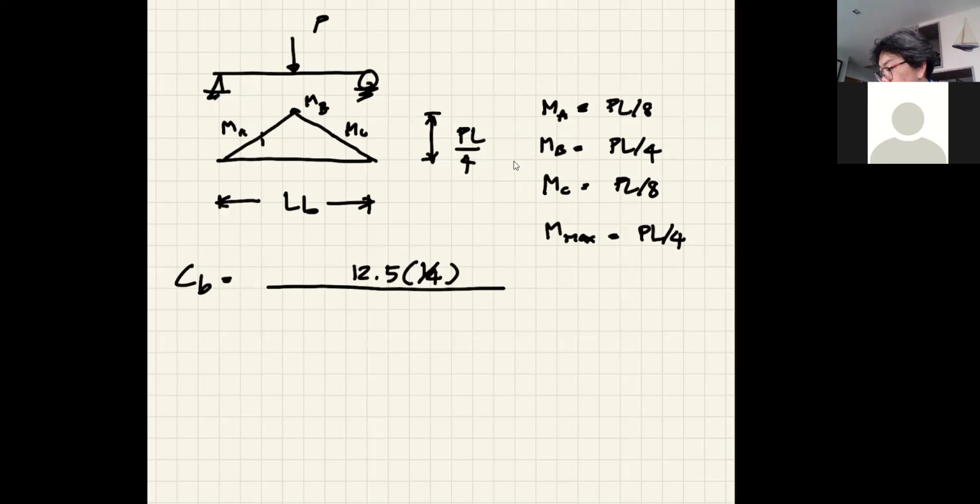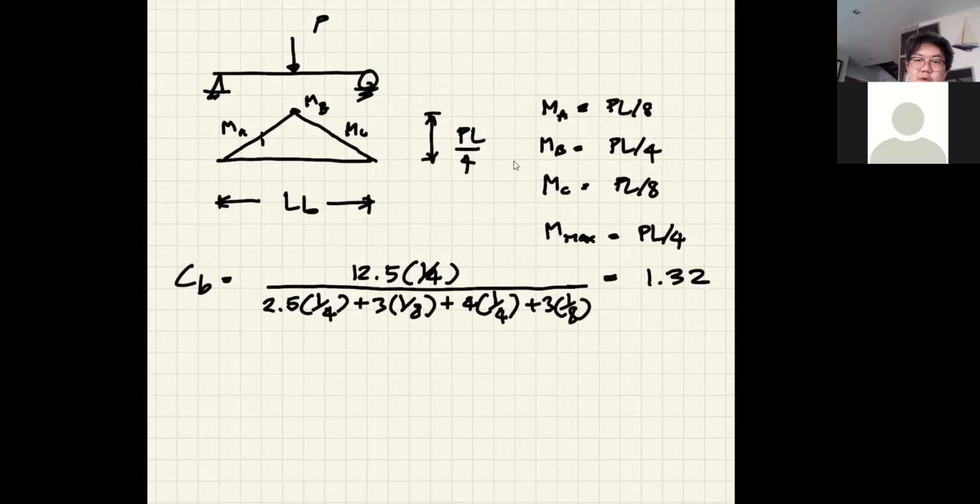And then divided by 2.5 M max, which is again PL over 4, so I use 1 over 4, plus 3 MA, MA is PL over 8, so it's 1/8, plus 4 MB, 1/4, plus 3 MC, which is 1/8. And I got 1.32. So you see 32% increase of the flexural strength.